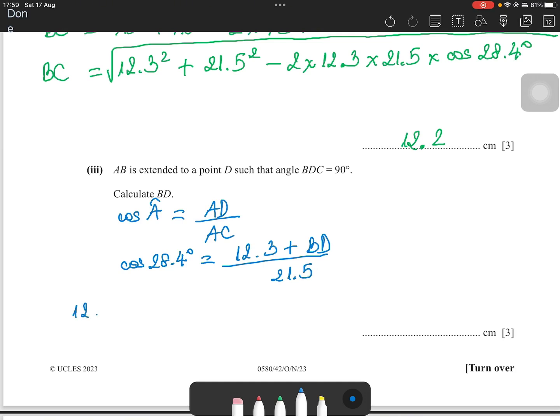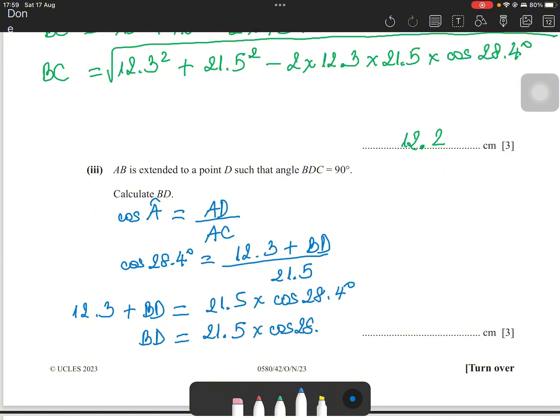So for 12.3 plus BD, we cross multiply 21.5 and cos 28.4 degrees. Then to find the length of BD, we subtract 12.3 from both sides. So the answer is 6.61 centimeters.